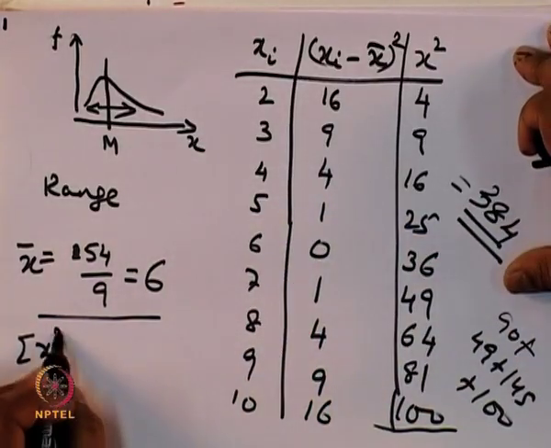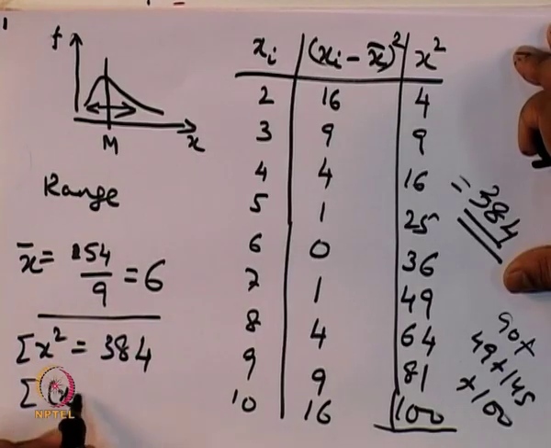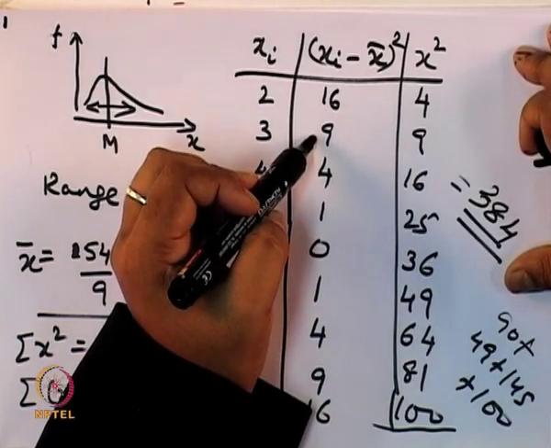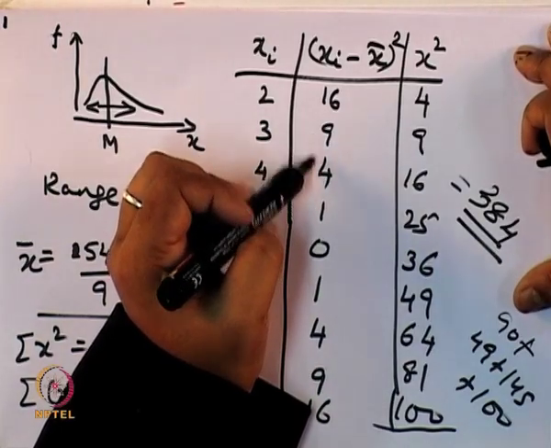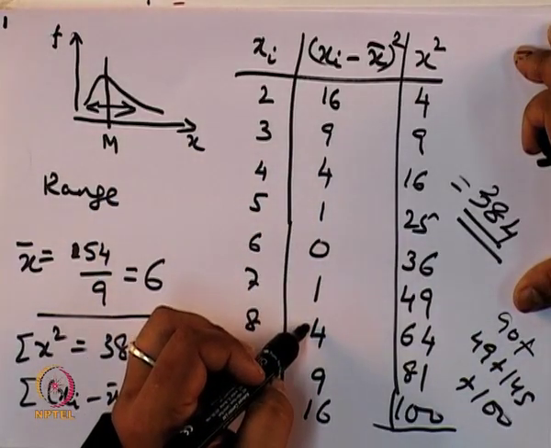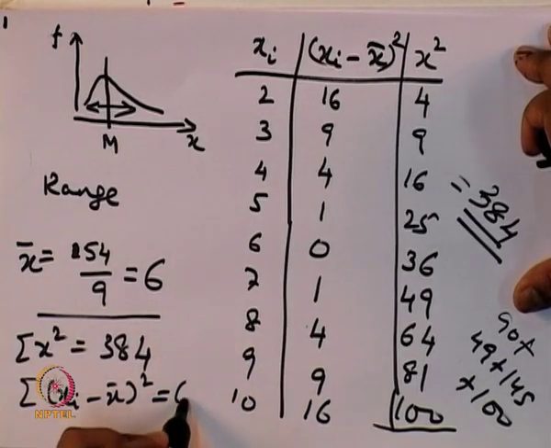So, summation x square is roughly 384, and summation xi minus x bar whole square is 16 plus 9 plus 4 plus 1, 30, plus 1 plus 4 plus 9 plus 16, which is 60.